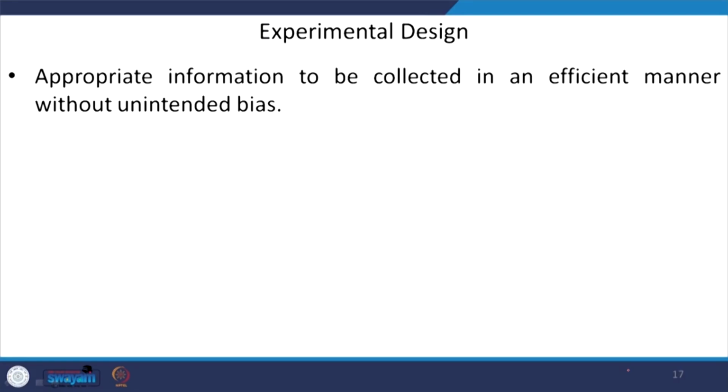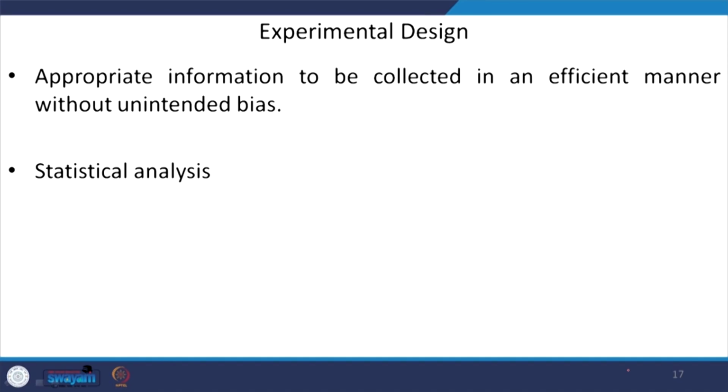There we are interested in identifying the appropriate information to be collected, and it must be collected in an efficient manner without any bias. Sometimes we face biases in collecting information from the survey, so enough care must be taken to avoid this unintended bias in particular.